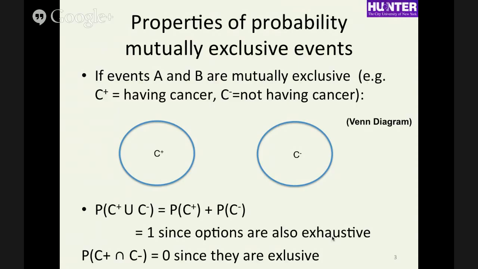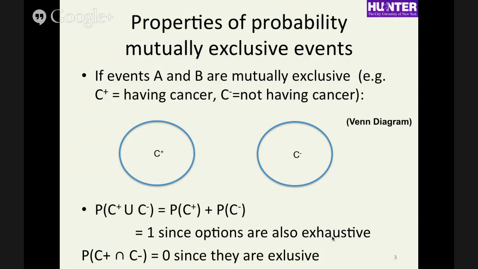So mutually exclusive events. These are events that either one can happen or the other happens, but it's not both. So in the case of whether an individual has cancer or not at a given time, according to the gold standard, it's a yes or a no. And the fact that they're mutually exclusive, we can represent in a Venn diagram like this by two circles that don't overlap.